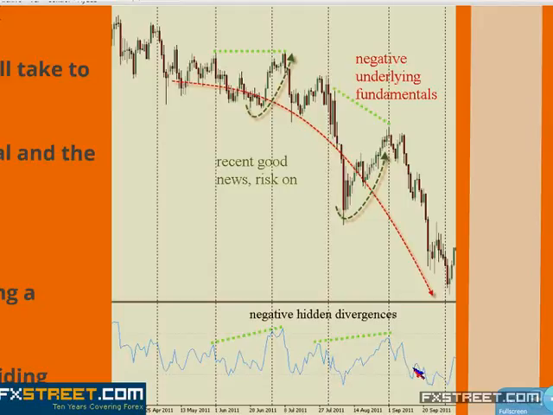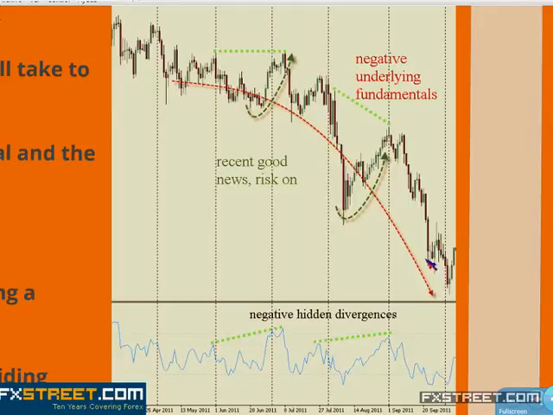What I'm saying with these two terms that I'm borrowing from Mehran is that you may have negative underlying fundamentals, like here, this is the daily Aussie yen in 2011.